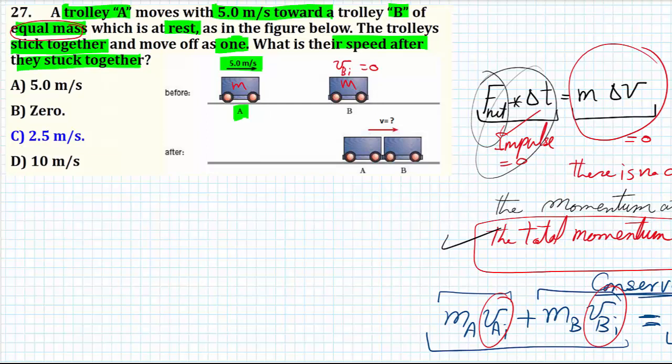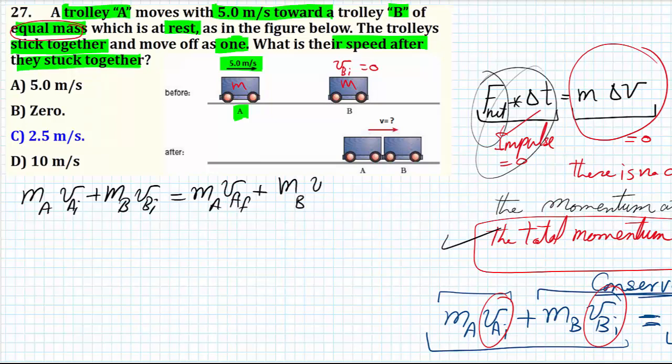Let's write down the equation of conservation of momentum. MA VA initial plus MB VB initial equals MA VA final plus MB VB final. And let's substitute. MA is M. He didn't give us the M, but we said it's M, times VA initial, which is 5.